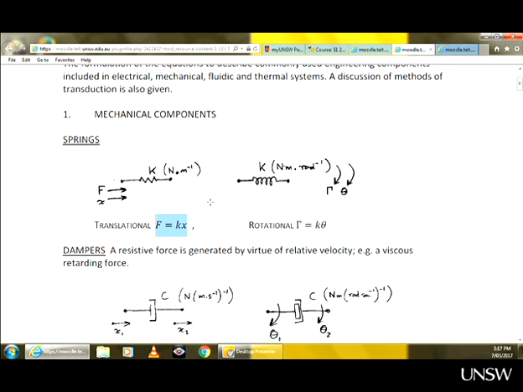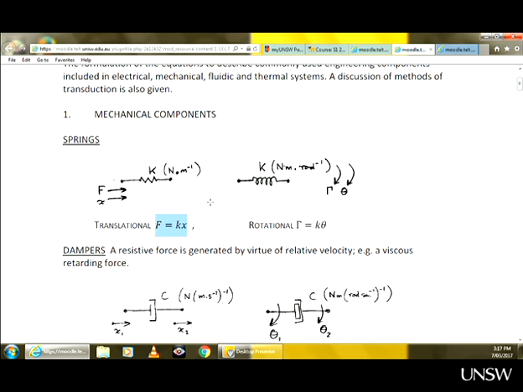The order of the differential equation is 0. There are no differentials, but it is still a differential equation. So, as you are going to see later, when we apply the Laplace transform to this differential equation, we'll get the transfer function. In this case, very simple, but we'll see as we go.